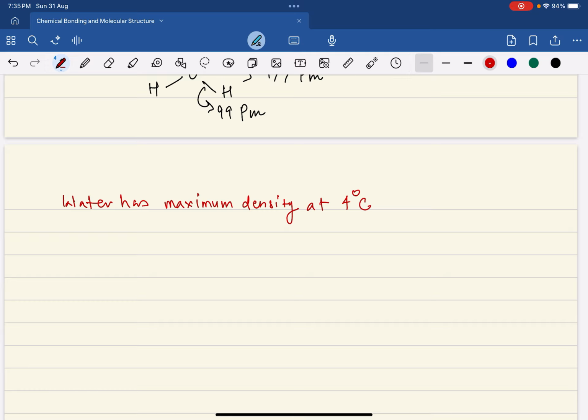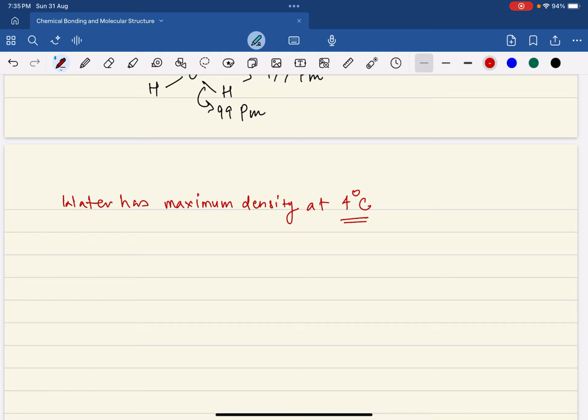This makes water molecules come closer and fill the vacant space, causing a decrease in volume and increase in density, and ultimately the complete structure collapses at 4 degrees Celsius. That is why water has maximum density at 4 degrees Celsius.